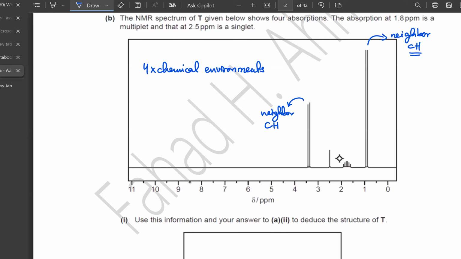This one is a singlet, so the neighbor has no H atoms. This one is a multiplet, so the neighbor has a lot of H's. So it might be in the middle of the chain.